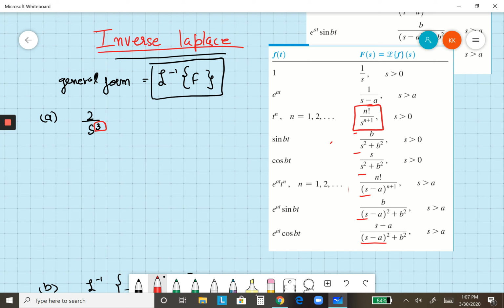So if we go backwards, it would be 2 factorial over s to the 2 plus 1, which will give us what we have right now, which is 2 over s raised to power 3. So we know that it has to be t raised to power n. So for this case, n is 2, so it should be t squared. So this is how we go backwards.